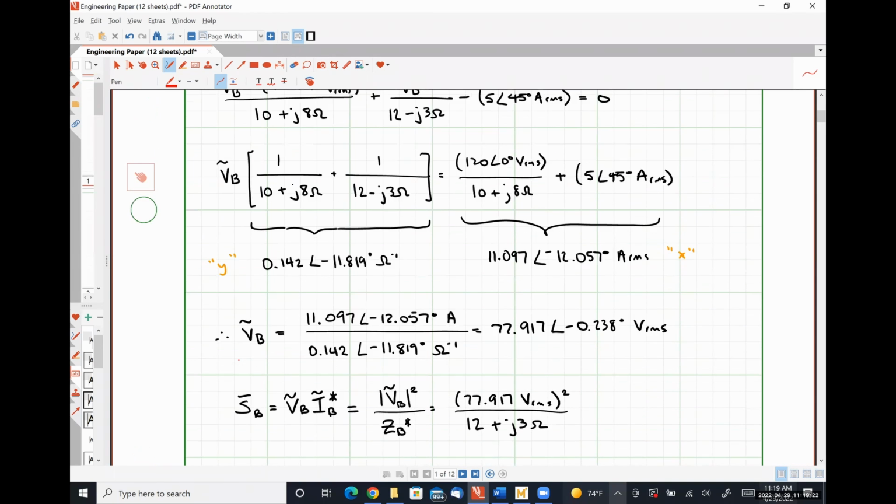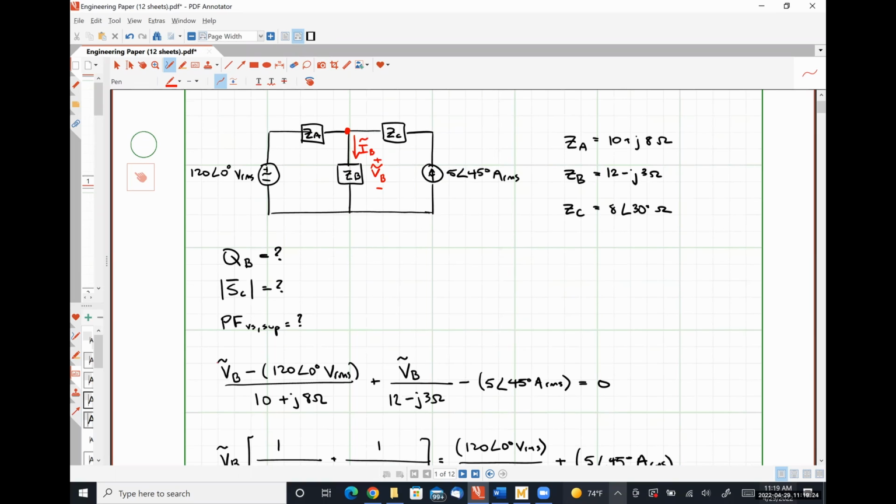What are the other things that we're looking for? SC. So that is the apparent power absorbed by impedance ZC. Anybody have a thought on how we might go about that? Rajan, I think you raised your hand. Yes, sir.